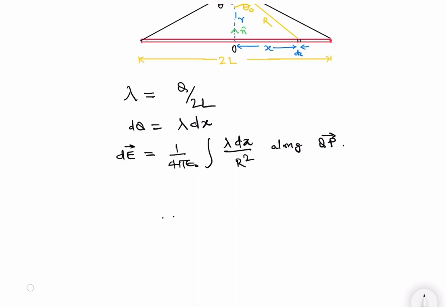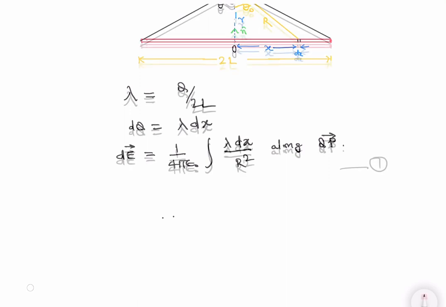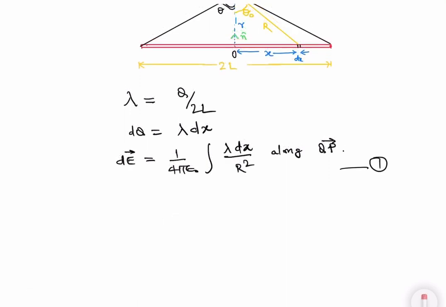However, due to symmetry of the problem, the components of dE parallel to the length of the rod will cancel each other. That is, dE sin theta naught is cancelled.